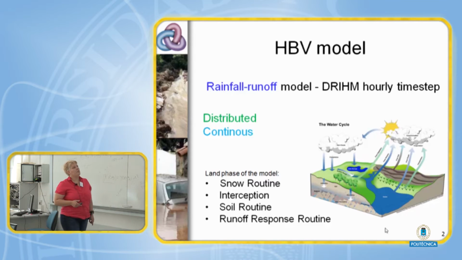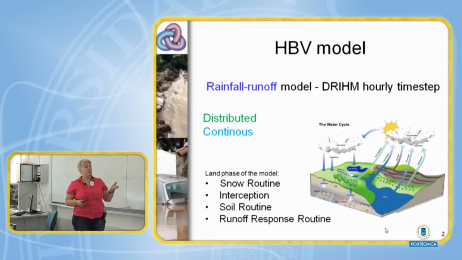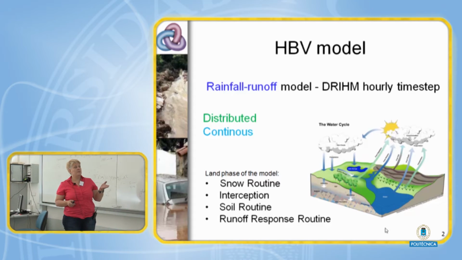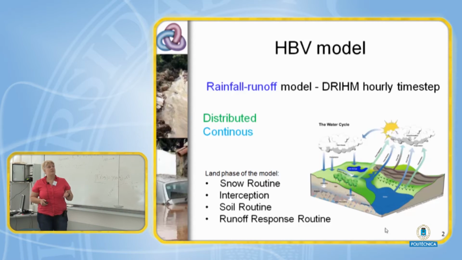As Professor Luis mentioned, there are phases that describe one hydrological model. In HBV we have a snow routine, an interception routine, a soil routine, and finally the runoff response routine.